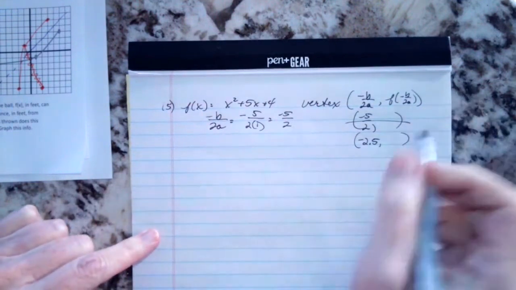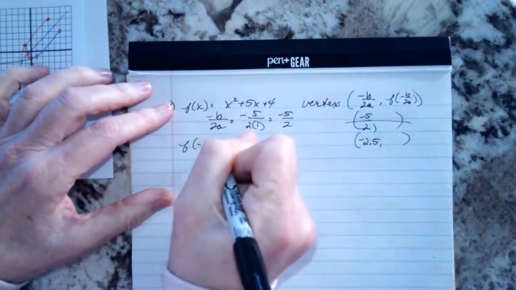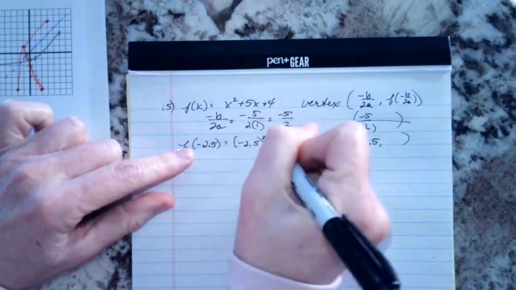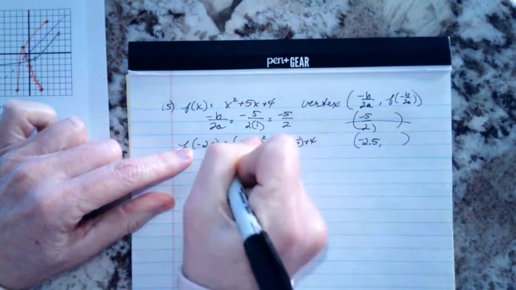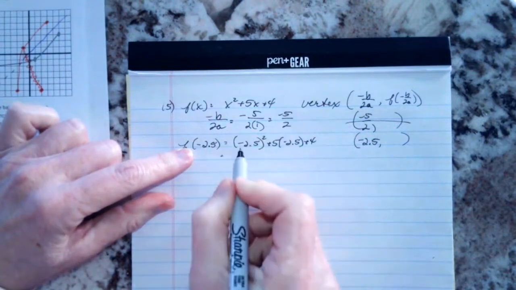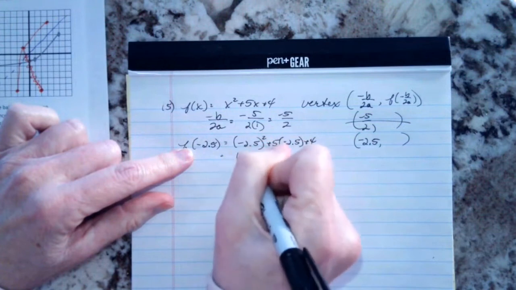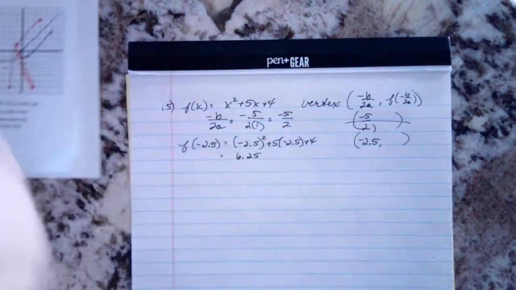The way to find the y coordinate is to plug in -2.5. So f of our x will be -2.5 squared, plus 5 times -2.5, plus 4. So -2.5 times -2.5, I think that gives you 6.25.